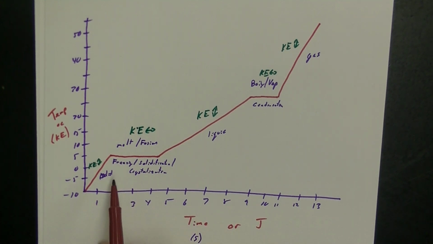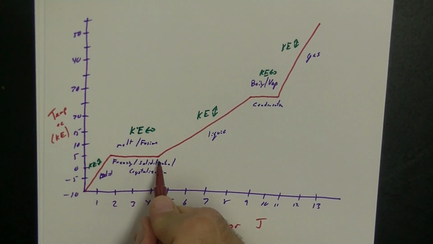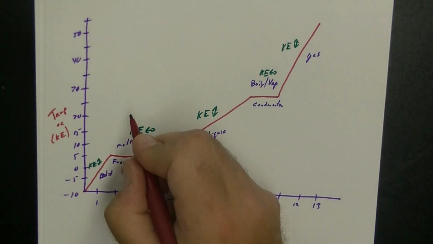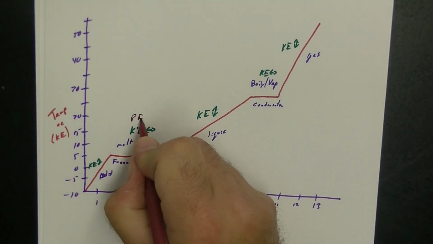And here's why. As we're going from a solid to a liquid, we continue to add energy. Because of the law of conservation, we have to take into account where that energy is going. It can't just go poof into nothing. It's got to go somewhere. So during phase change, we're changing potential energy.